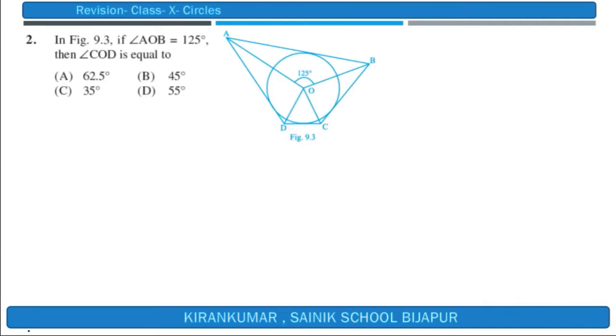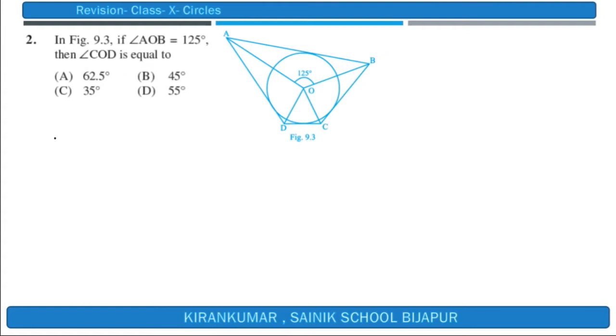Second question. In figure 9.3, if angle AOB equals 125 degrees, then angle COD is equal to what? We know that a quadrilateral circumscribing a circle subtends supplementary angles at the center.